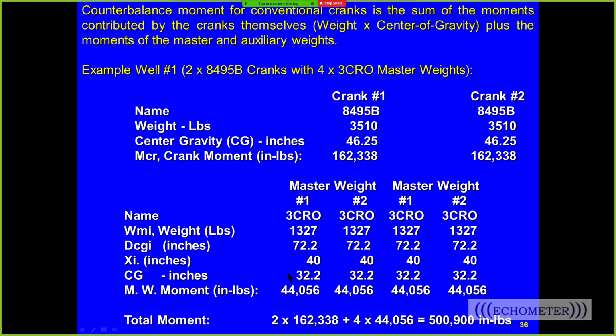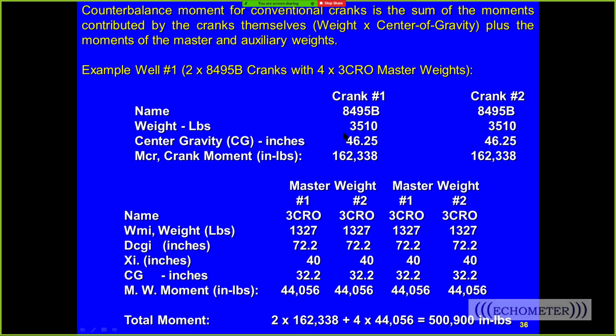And the distance here, let's take the distance from the gearbox shaft center to the center of gravity of the master weight, and that gives us inch-pounds of moment. The software does this automatically, so you don't have to worry about this, but there's the same calculation for all 4 master weights. Then you take the inches to the center of gravity for the crank and the weight of the crank.